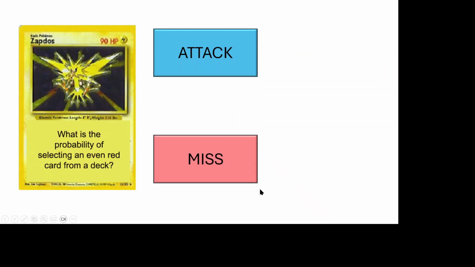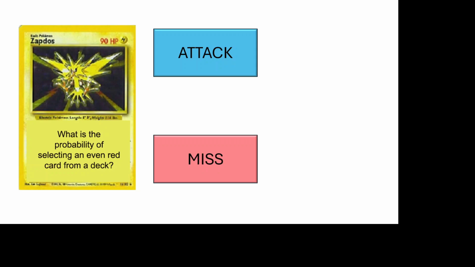Next, what is the probability of selecting an even red card from a deck? So the even red card, by the way, this is very tricky because I myself thought that Jack, Queen, King are numbered 11, 12, 13, but it's not. They are not considered number cards. So the only numbered cards in a standard deck are 2 to 10. So in that case, there are only 2, 4, 6, 8, and 10 for the heart, and 2, 4, 6, 8, 10 for the diamond.